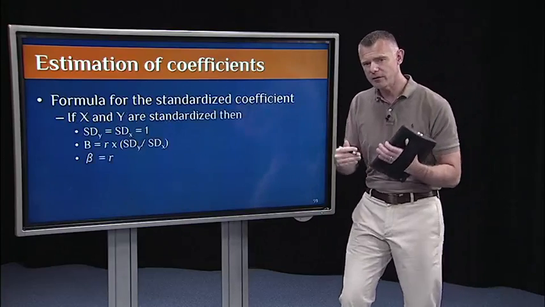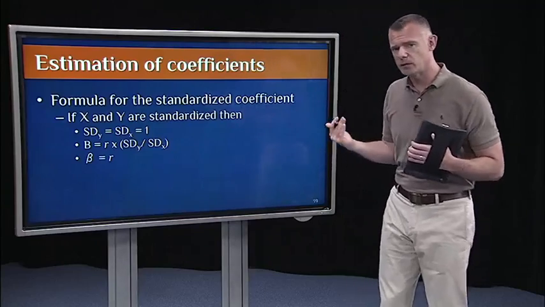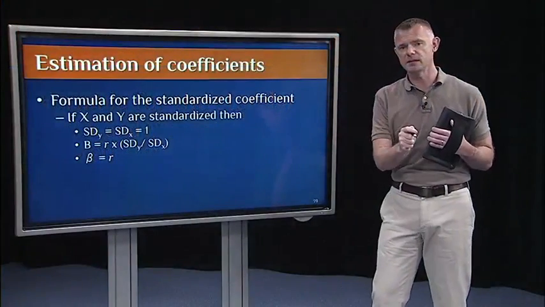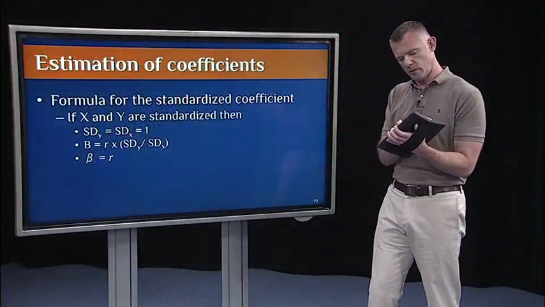If we wanted to standardize the regression coefficient, which we will do, and we'll do it in lab this week, it's very simple in R, there's just one extra function. That's even easier, because if everything's standardized, then the standard deviation for y and the standard deviation for x are both going to be 1, right? If I put everything into z-scores, then the mean is 0 and the standard deviation is 1. Well, now look at the formula.